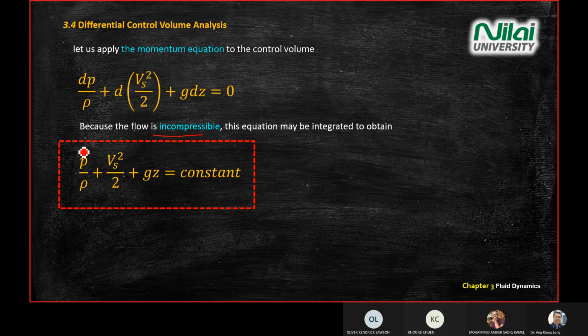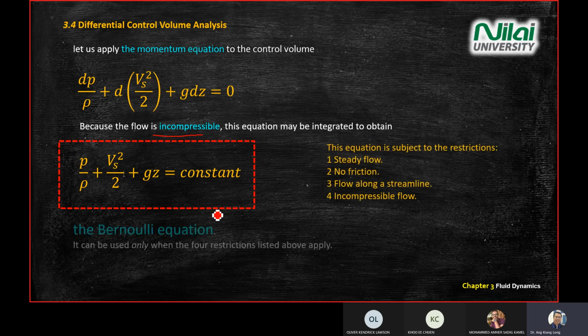This one is the Bernoulli equation. However, it must meet these 4 criteria if you want to use this equation. So when it comes to your exam question, you must look carefully.